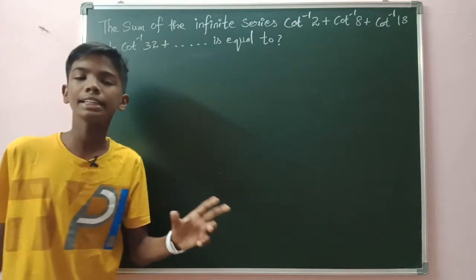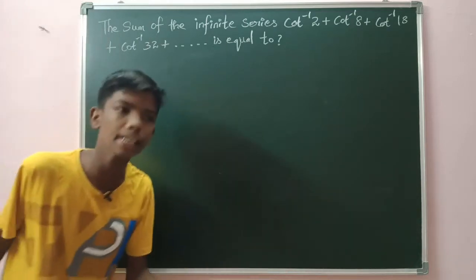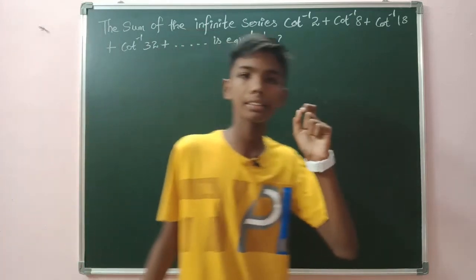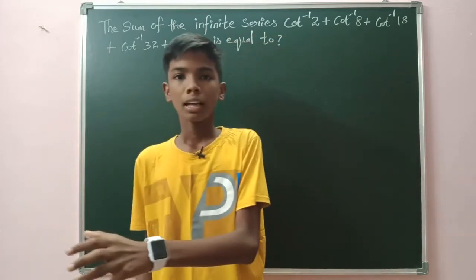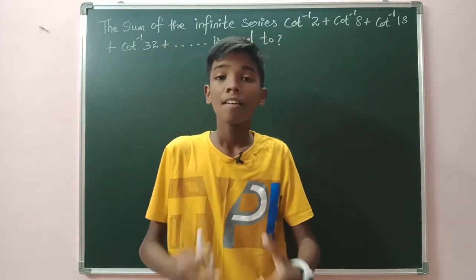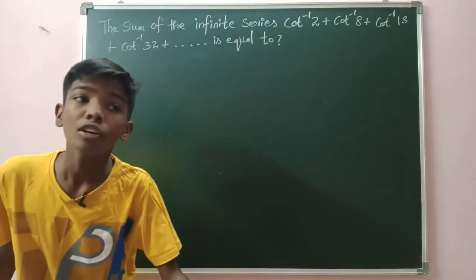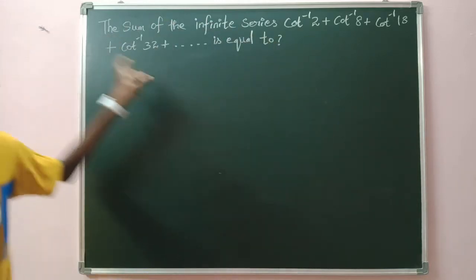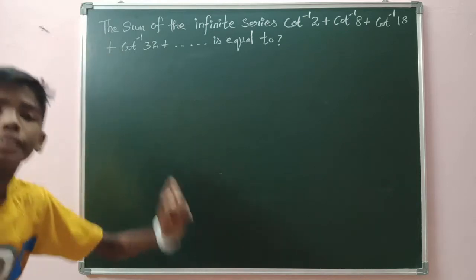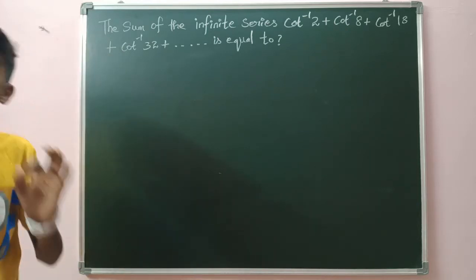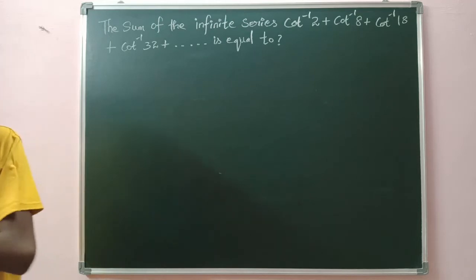So guys, whenever you see this type of question, the first approach that should strike your mind is to find the general term of this particular series. That's very important if you are asked to find the sum of any series which includes an inverse trigonometric function like cot inverse, tan inverse, anything.